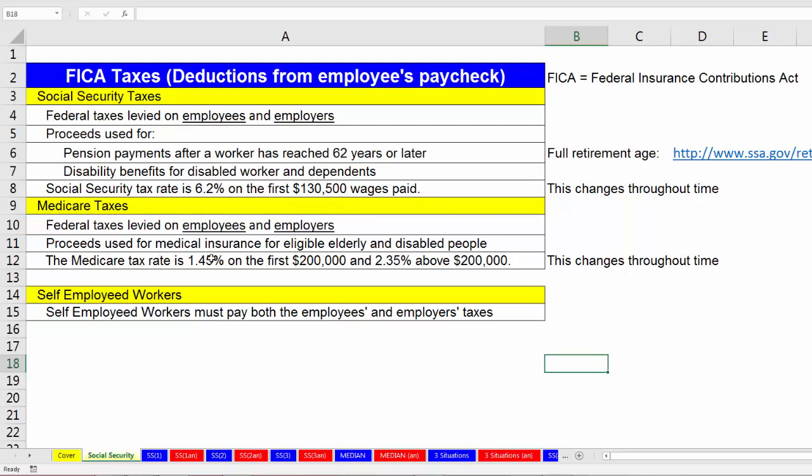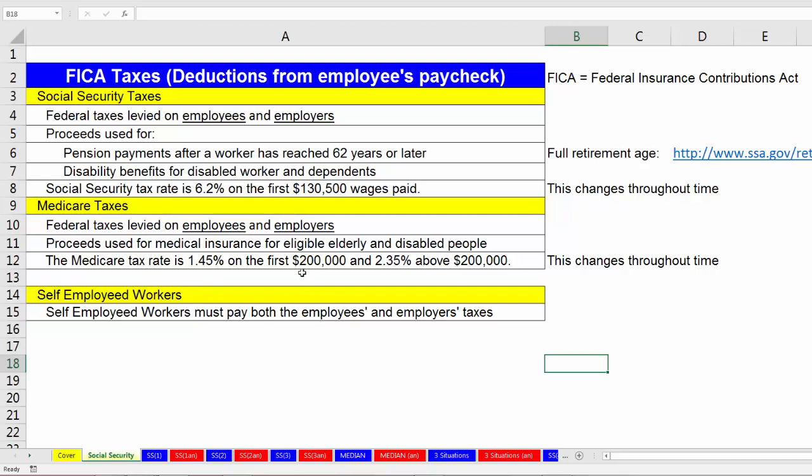Now, Medicare taxes. The proceeds are used for medical insurance for eligible elderly and disabled people. Now, for Medicare, look at this. The hurdle is $200,000. Everything equal to or less gets taxed at 1.45%.